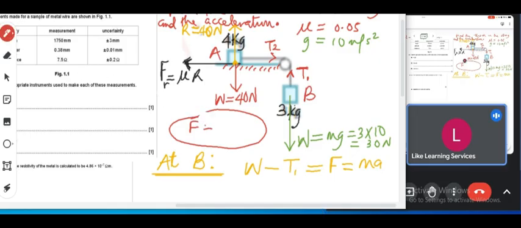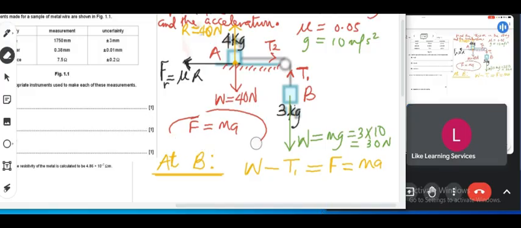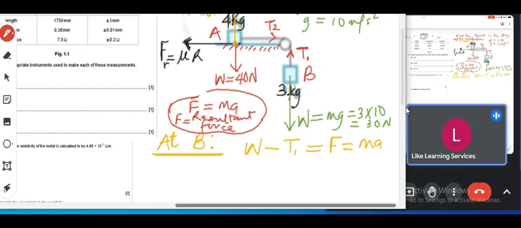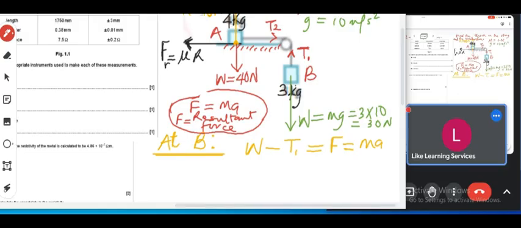F stands for what, by the way? Oh, resultant force. Yes, F is always resultant force. M is mass. All right. So W minus T1 is equal to F, which is MA.